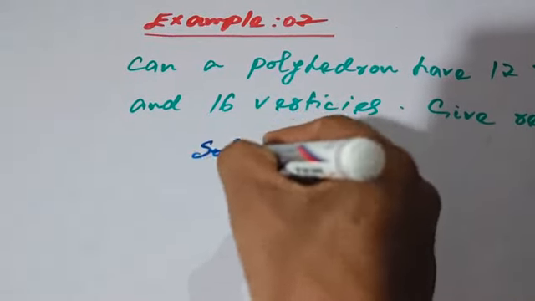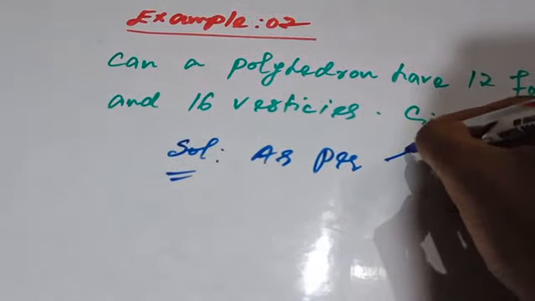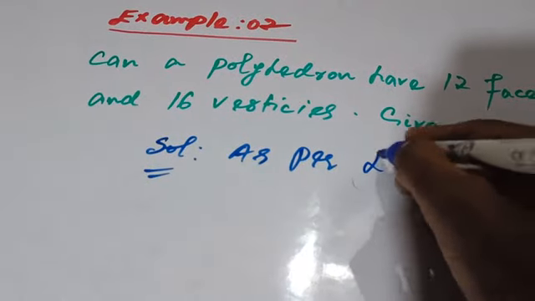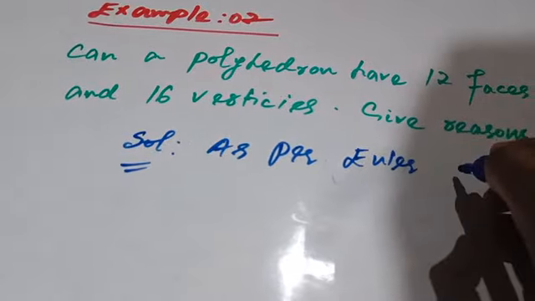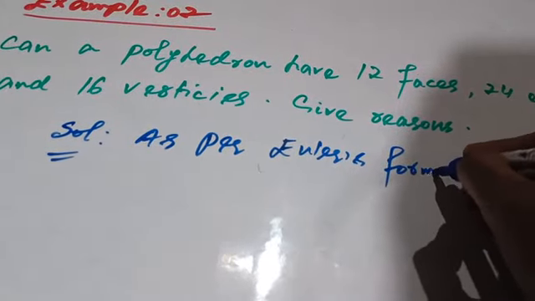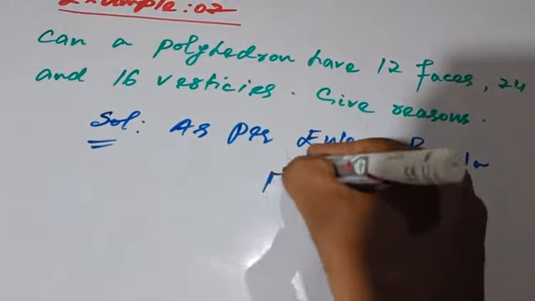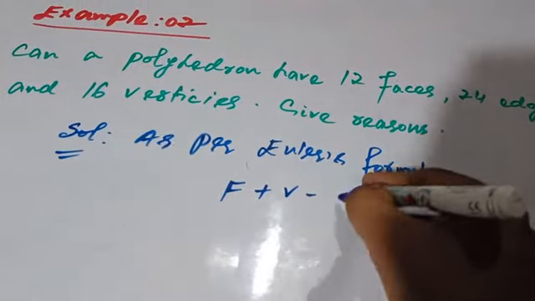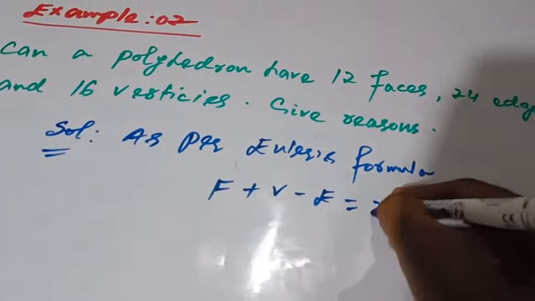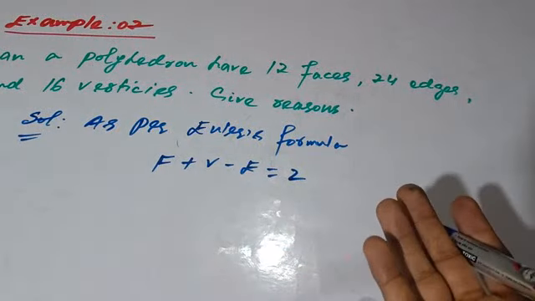Solution. As per Euler's formula, we have again that F plus V minus E is equal to 2. That means our left hand side should be the same as the right hand side.